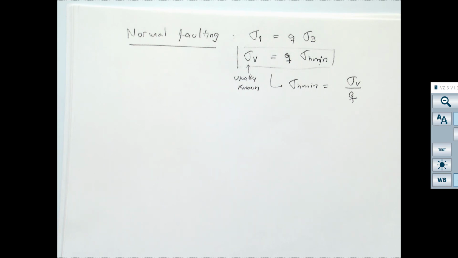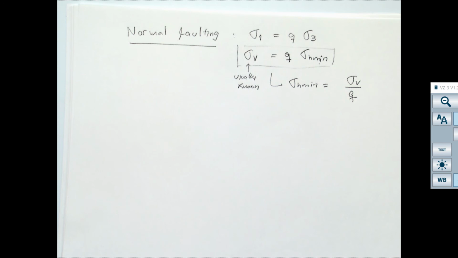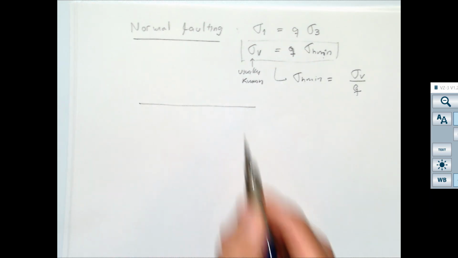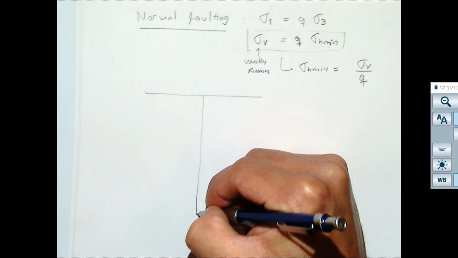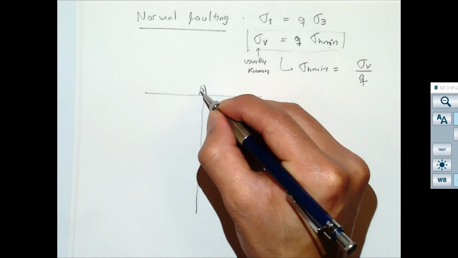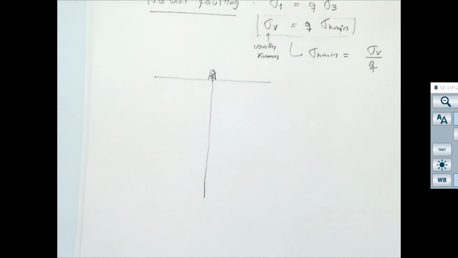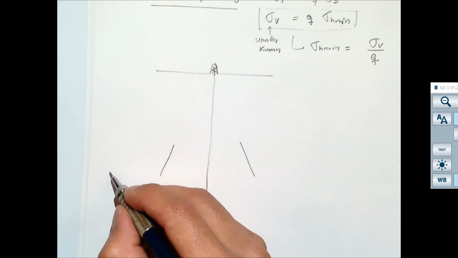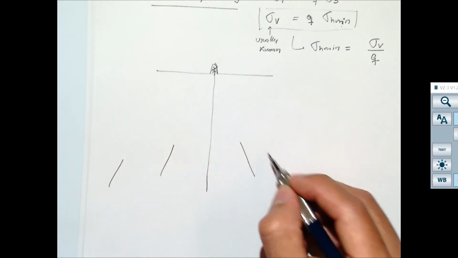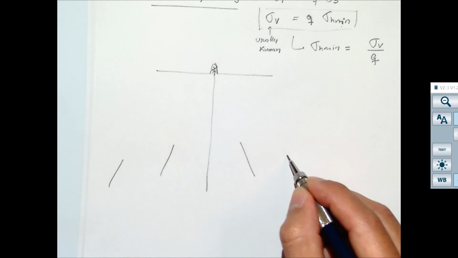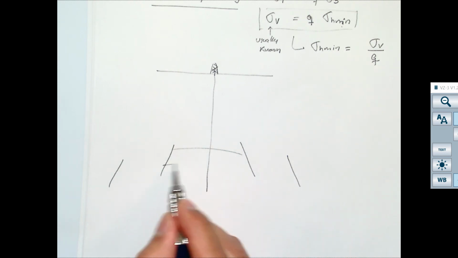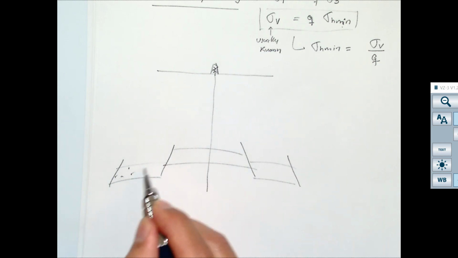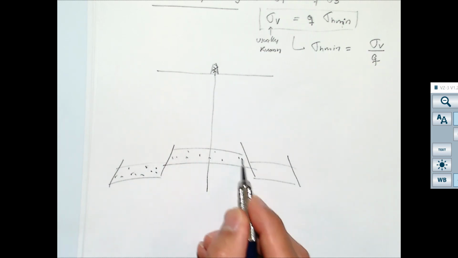And basically, if we want to use this equation to calculate minimum horizontal stress, all you have to do is go to a site that, in this case, let's assume has normal faulting. For this particular location, we know that there are normal faults, and if there are normal faults, that's when we can apply this equation.